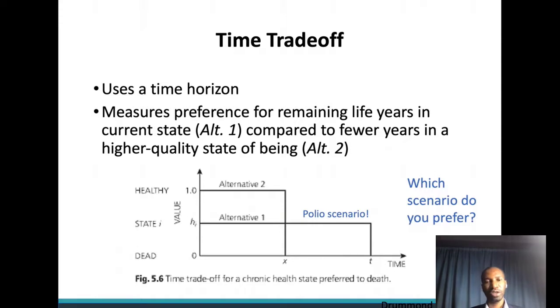This could be the polio scenario where you live in a lower health state, but for a longer period of time. Or the other alternative could be that you have a shorter lifespan, but with perfect health. And how much are you willing to trade off those additional life years with polio versus a shorter lifespan without polio?